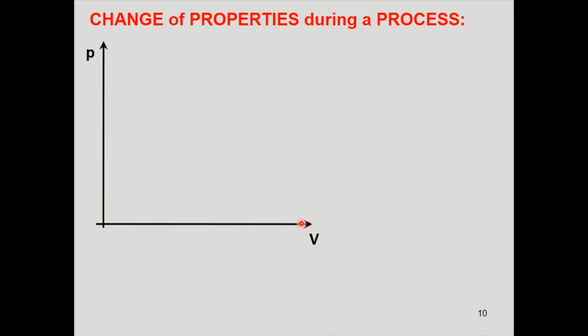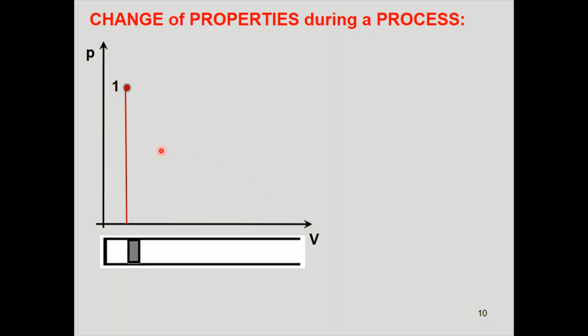As system, I consider a piston cylinder, where initially pressure is this P1 and the volume is this much. That is the 0 point, so volume is this much.